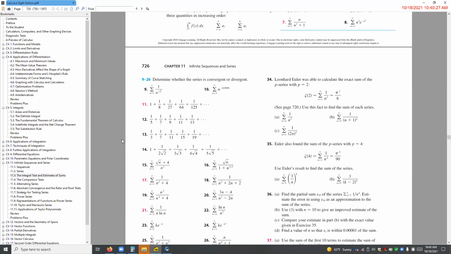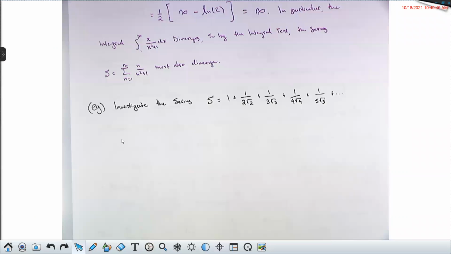It's 1 plus 1 over 2 root 2 plus 1 over 3 root 3 plus 1 over 4 root 4 plus 1 over 5 root 5, and so on. So if I'm going to use any of the tools that we've learned so far, test for divergence, integral test, the first thing I need to do is write this in sigma notation. I need to know what the a_n's are.